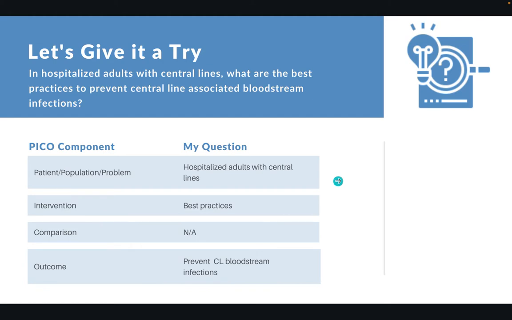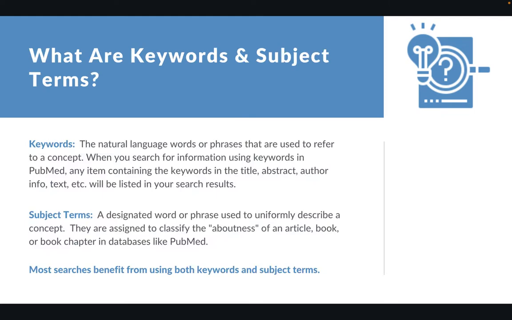The next thing we want to do is figure out some keywords for each of those concepts and plug them into the database. Those keywords are just the natural language words or phrases that we'd associate with our concept. We want to go through our concepts one at a time for this, and what we ultimately want to do is figure out what the database's way of cataloging that concept is.